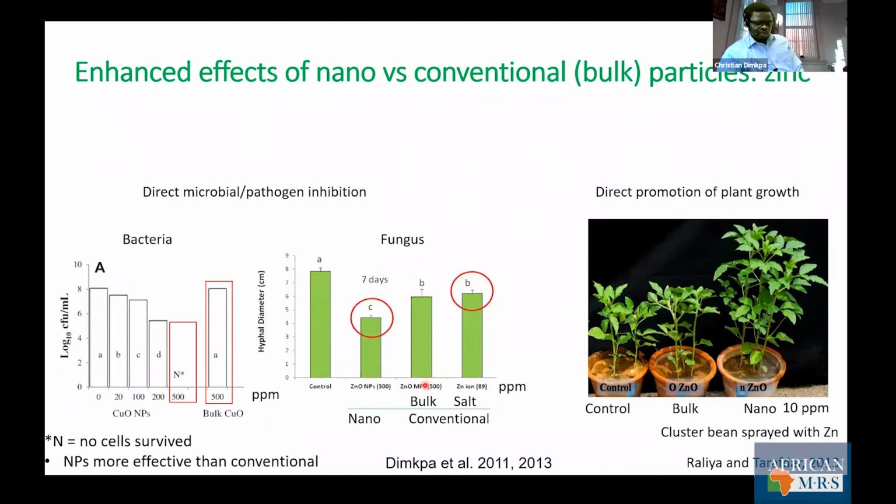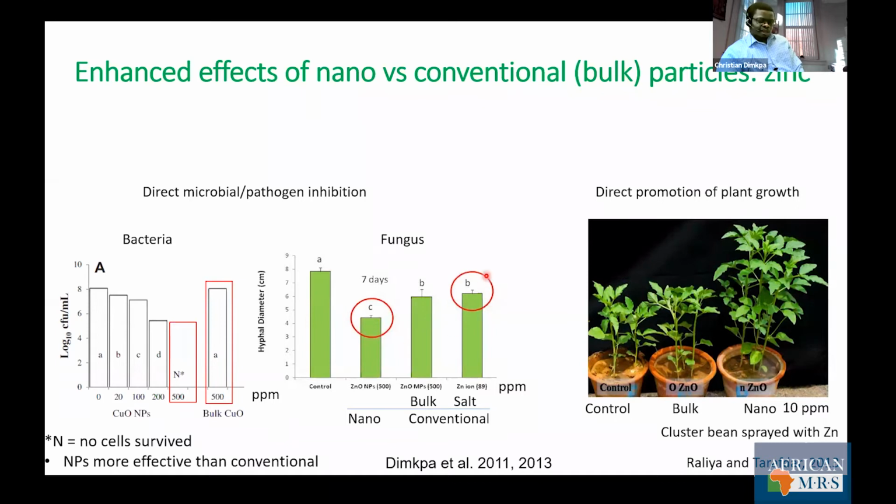If you add your bulk zinc oxide, so not nanomaterial, you have a drop, but not as steep as the drop for the nanomaterials. And if you add your zinc ions at this amount, 89 ppm, which is the amount of zinc ion that dissolved out of this zinc oxide nanomaterial, you see that again, there's an effect, but not as much as the nanomaterial.